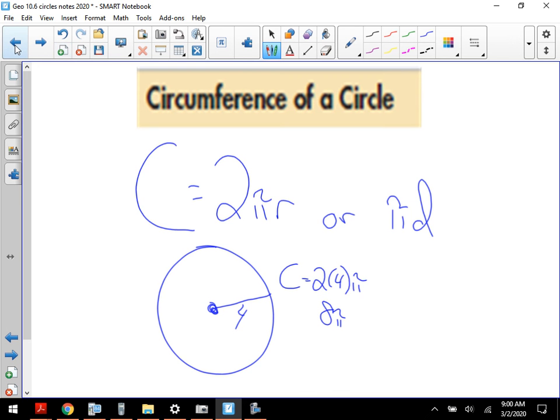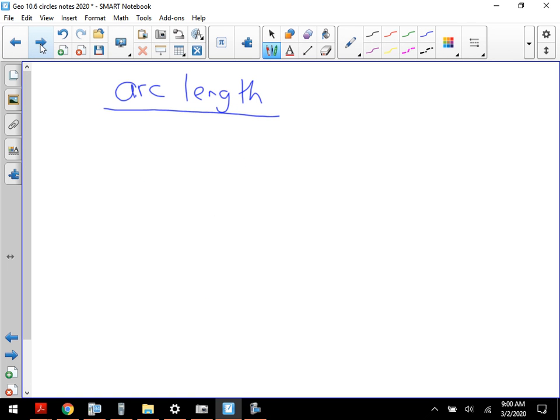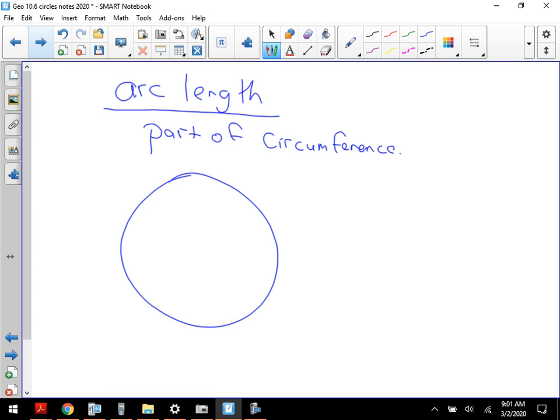All right. So arc length is going to be a portion of the circumference. Arc length is the distance you'd have to walk on a circle.